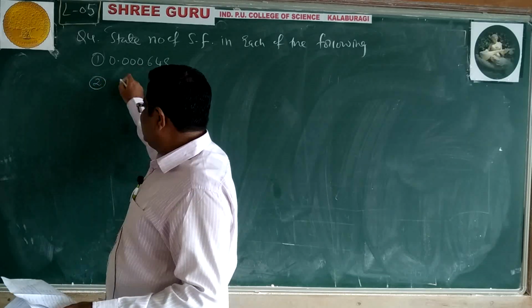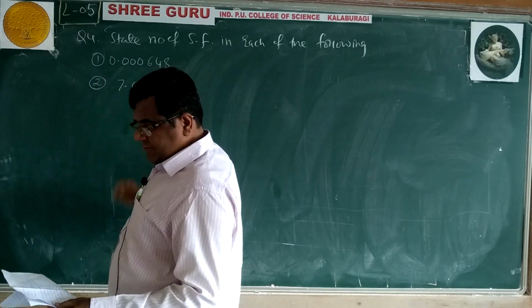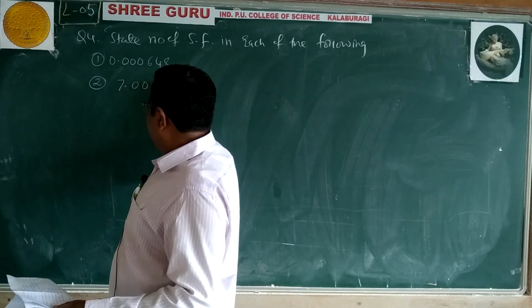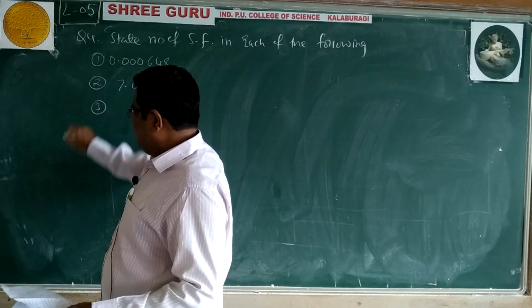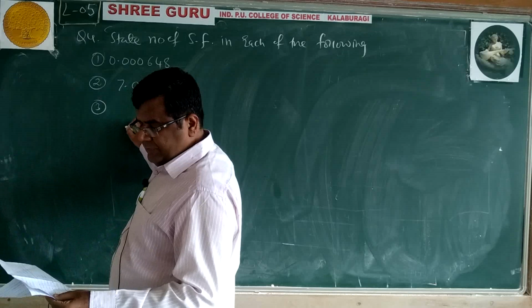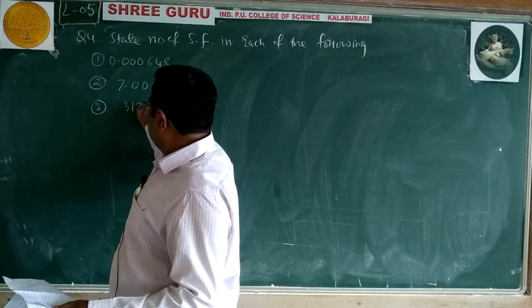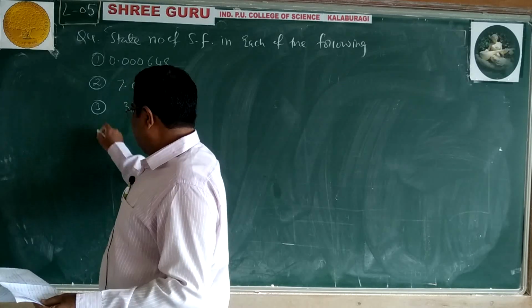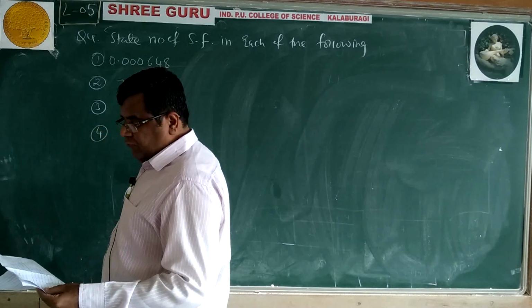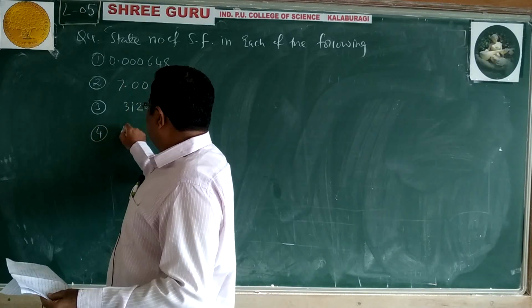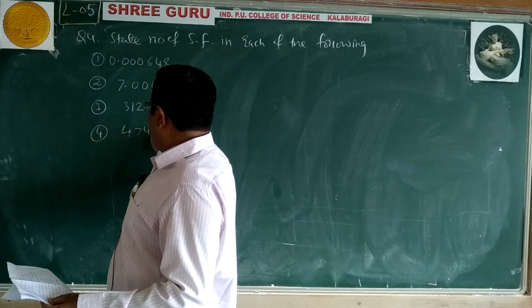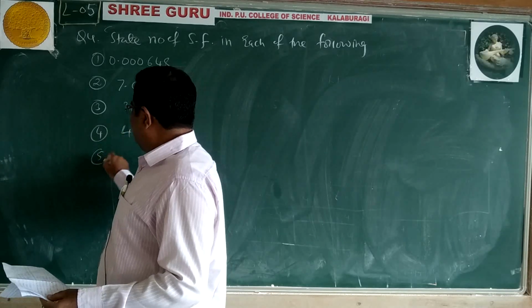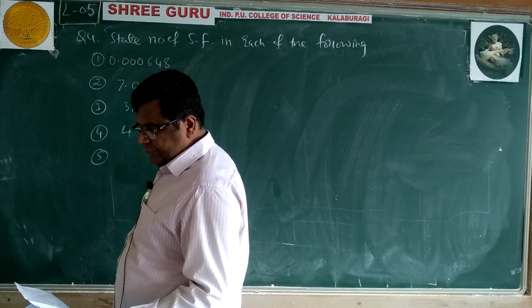The second one is 7.0005. The third one is 312.84. The fourth one, 474.0.